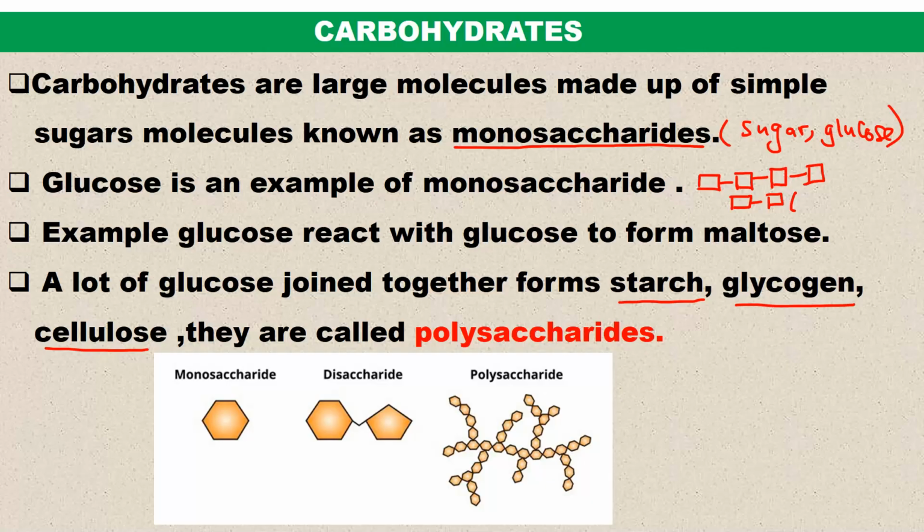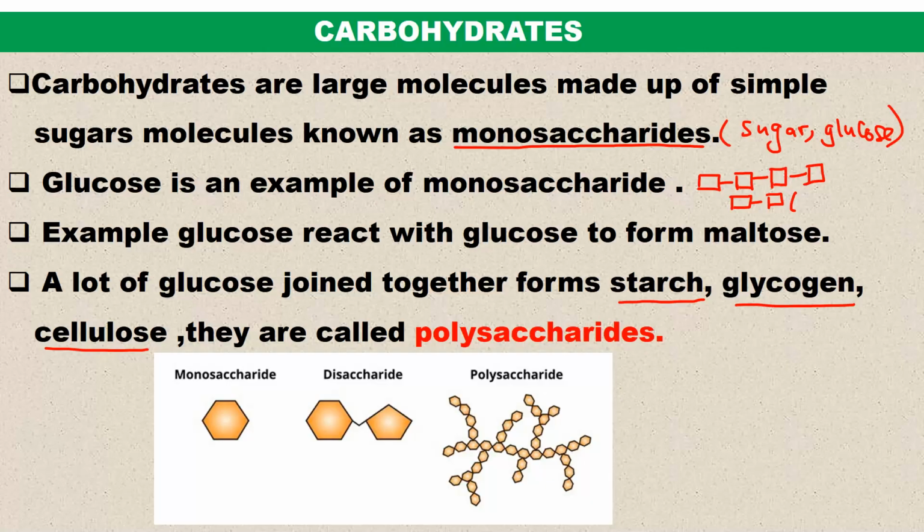Sometimes you find questions where they ask you to name the polysaccharides, or you are given a diagram with the name of the polysaccharide and the basic unit from which it is made. Glycogen, starch, and cellulose are all made up of glucose. As we look at the questions, we will see that this is very vital information.